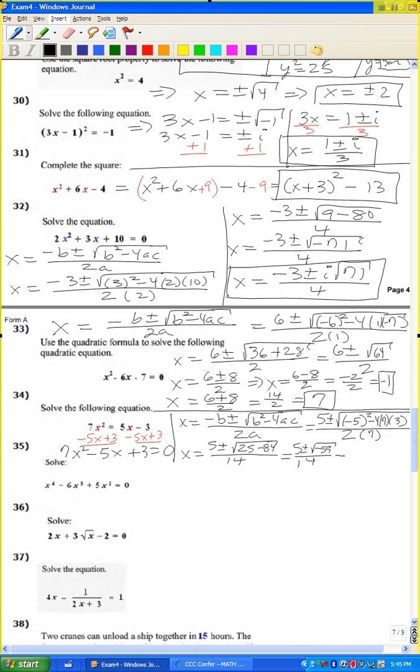And so the square root of a negative number will just be i times that radical 59. So 5 plus or minus i rad 59 over 14. And that is your answer.